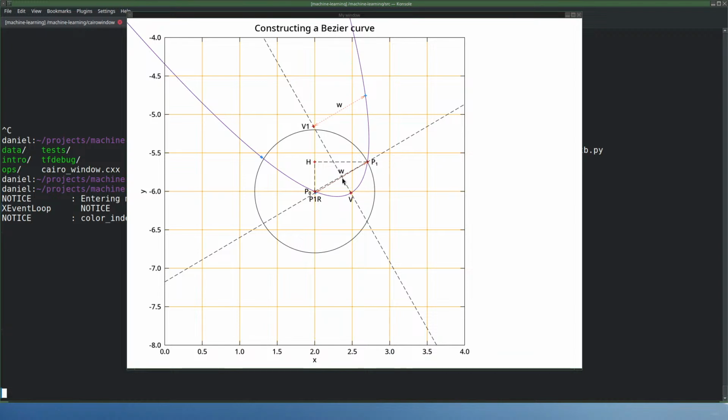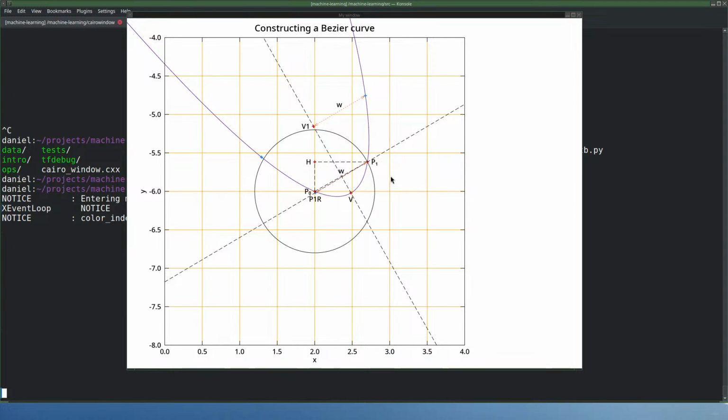And then they are symmetrical left and right of the vertex. And this is W. So at the moment that P0 and P1 are symmetrical, left and right of the symmetry line, their distance is equal to W. So that's another way to look at the width.